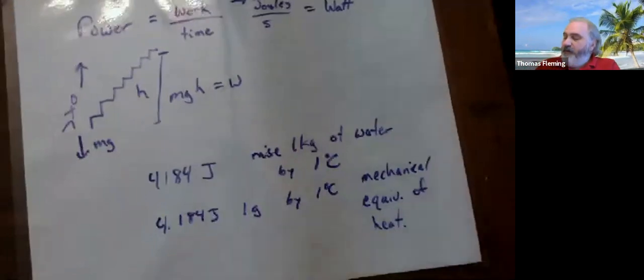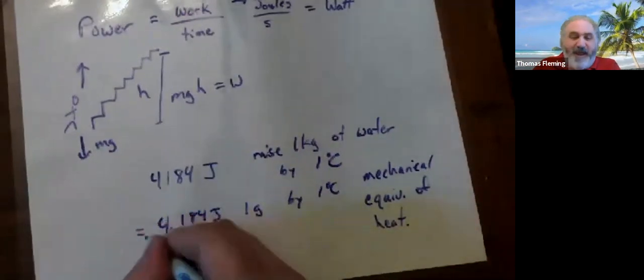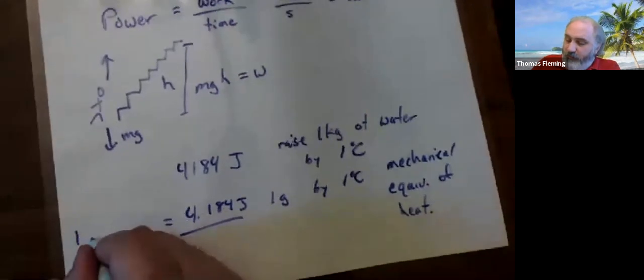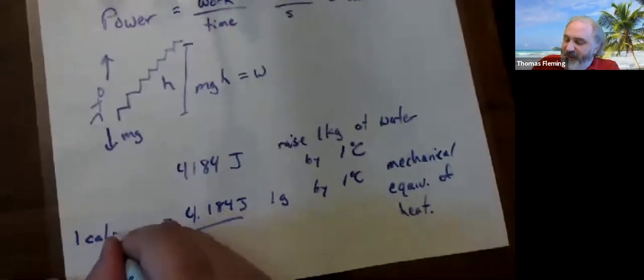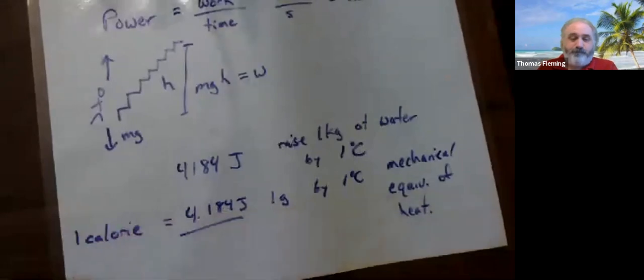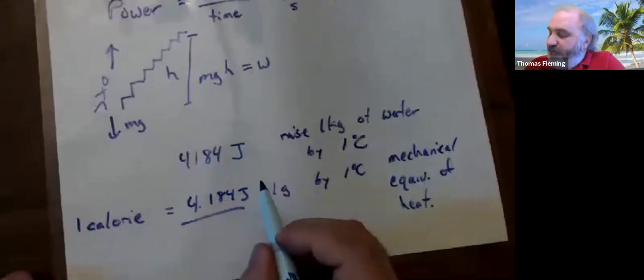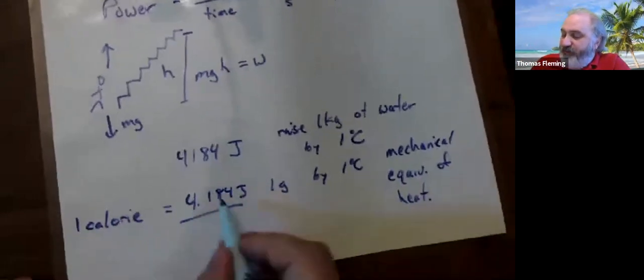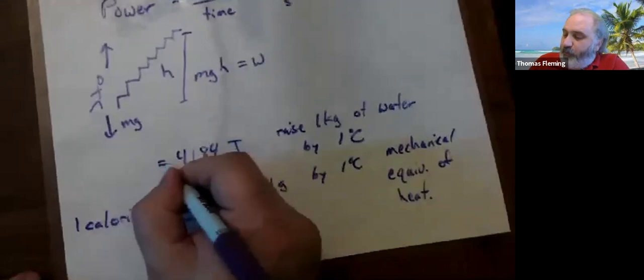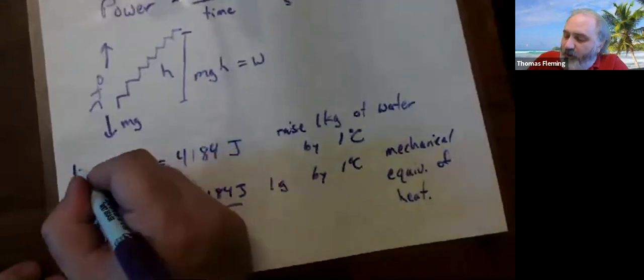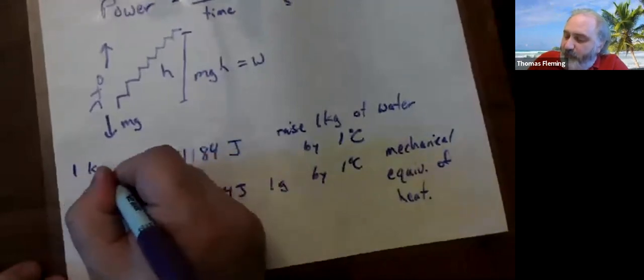And of course, this many joules, we give it a name. We call it 1 lowercase c calorie. Now, what's going to happen is, obviously, if I have 1,000 of these, like I do up here, this would be what we would call in the metric system 1 kilocalorie.